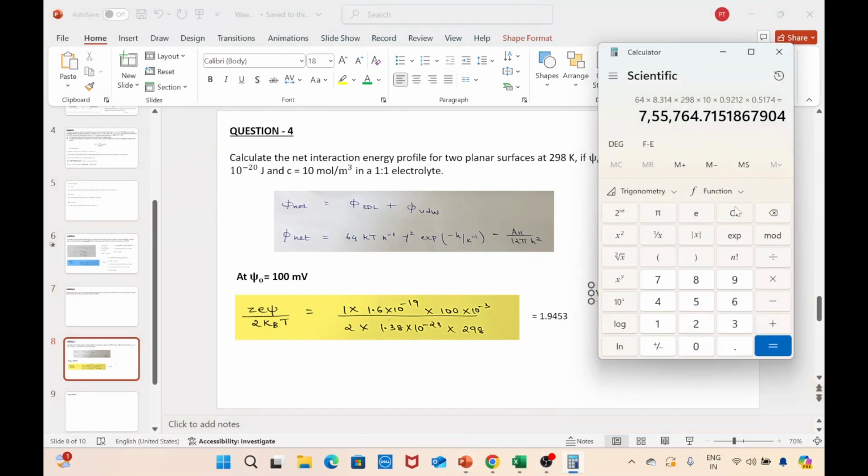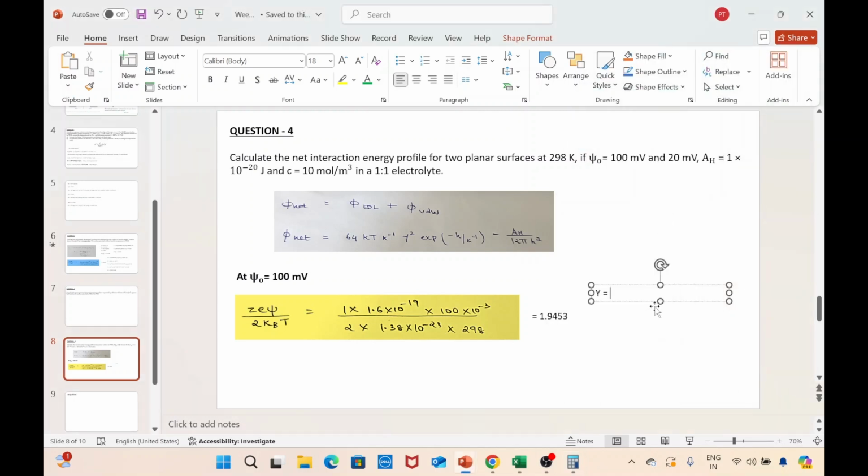So it is 6.9957 minus 1 by 6.9957 plus 1.